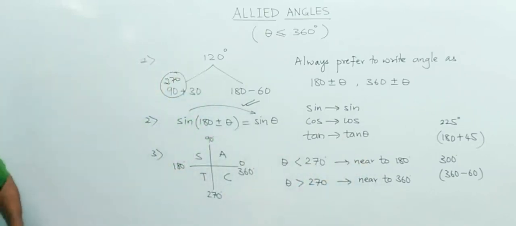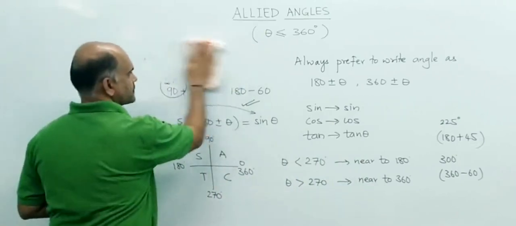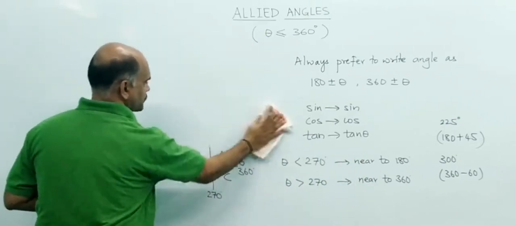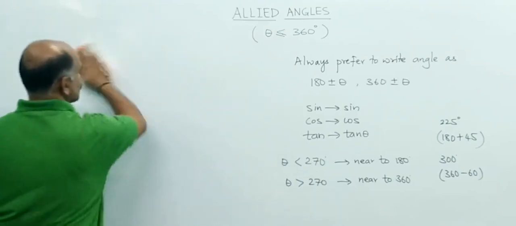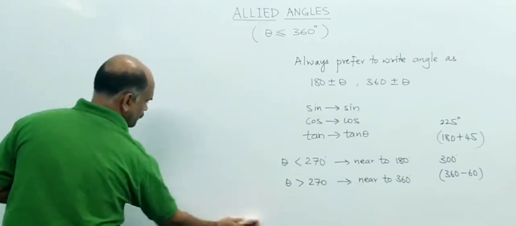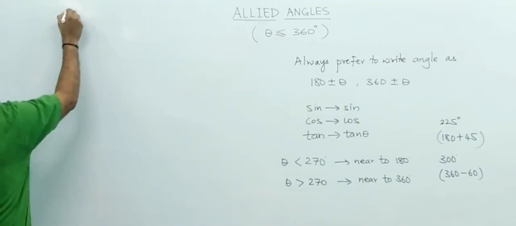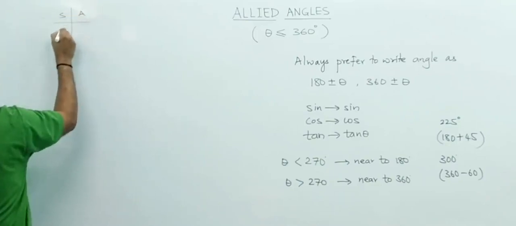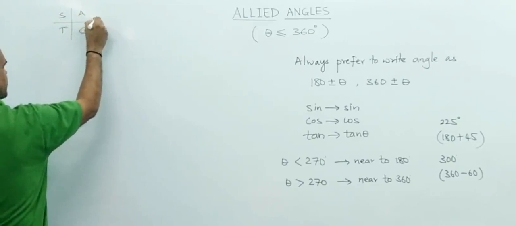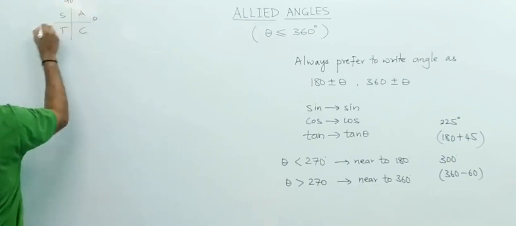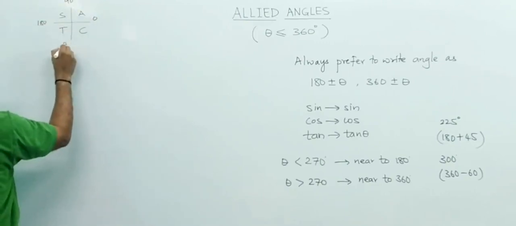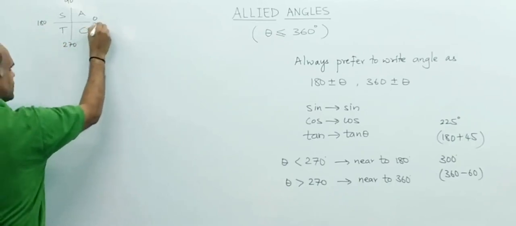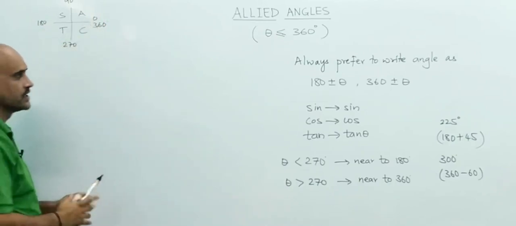Now we will see examples or problems to find values. You are required to remember this rule, that is ASTC, 0, 90, 180, 270, 360.